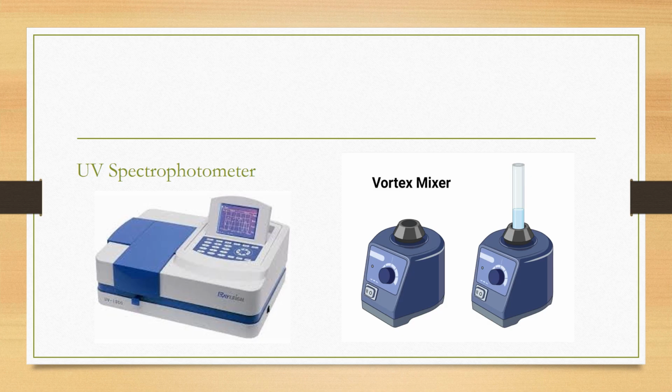And if you watch the video on YouTube, which I attached to you, you will know how it works. And on your right, there is a device called a vortex mixer, to mix the samples. As you see, you put the sample in a test tube and install it in the vortex mixer to mix it.